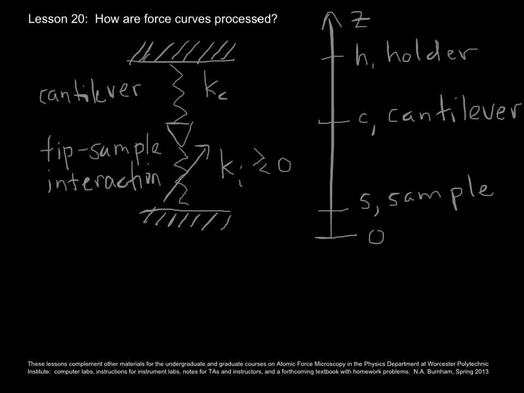And if you look at that scale, I think you'll agree that the distance h minus s can also be written as h minus c plus c minus s. So if you imagine compressing the distance h minus s, that's the whole system, the system of the cantilever and the tip-sample interaction.